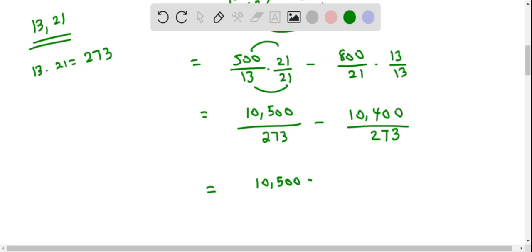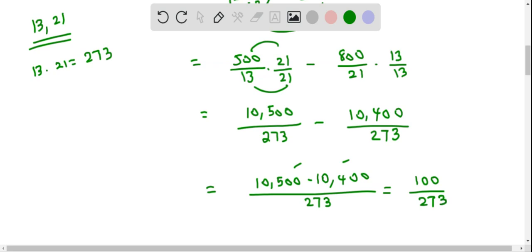So 10,500 minus 10,400 over 273. So this basically equals 10,500 minus 10,400 is 100, and this is over 273. And the unit of this average rate of change of function is centimeter per second.